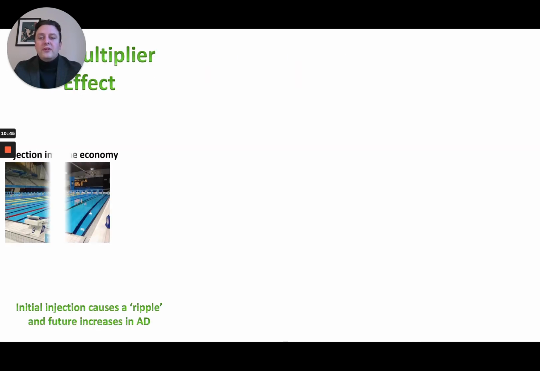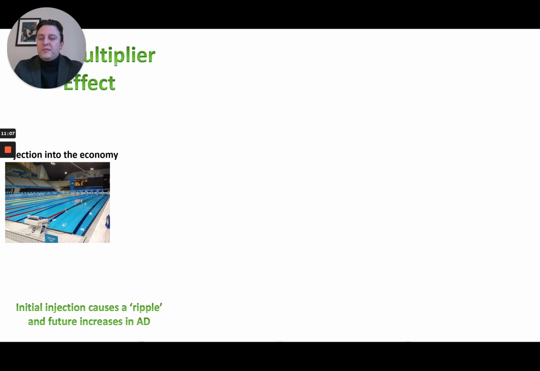So we'll have a wee look at this in terms of an example. Here is an injection. So say, for example, the government builds a new swimming pool, or the Scottish example, they build the hydro in Glasgow, or any number of government spending initiatives.